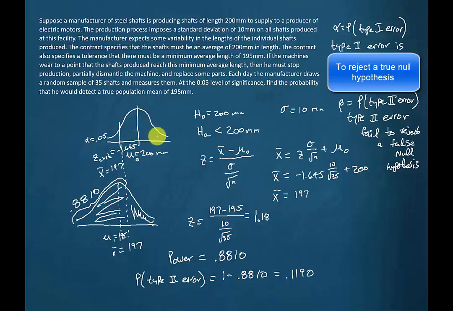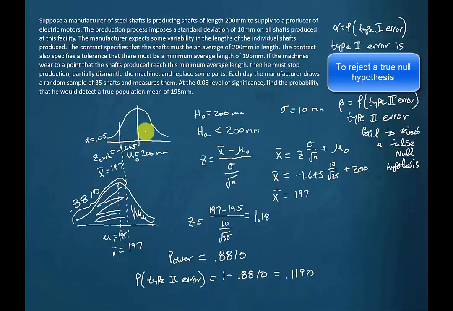So all of this area through here would represent where we might land if we don't reject the null hypothesis. So anywhere through here, if we land anywhere to the right of this critical value, we would not reject the null hypothesis. And if the null hypothesis is false, then landing in that area would cause us to commit a type 2 error, failing to reject a false null hypothesis.